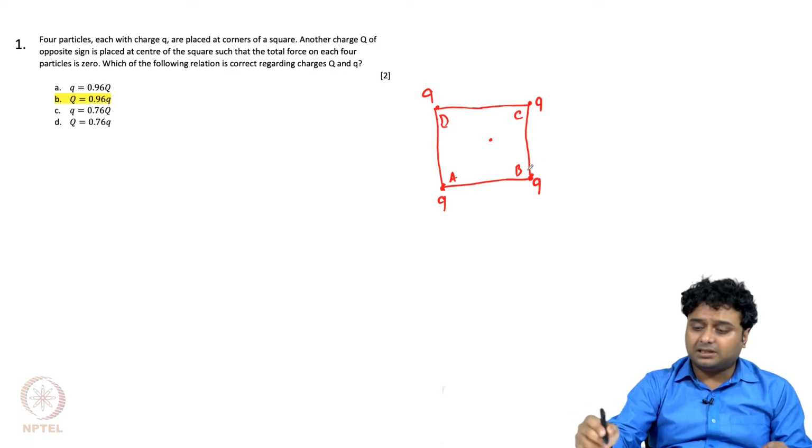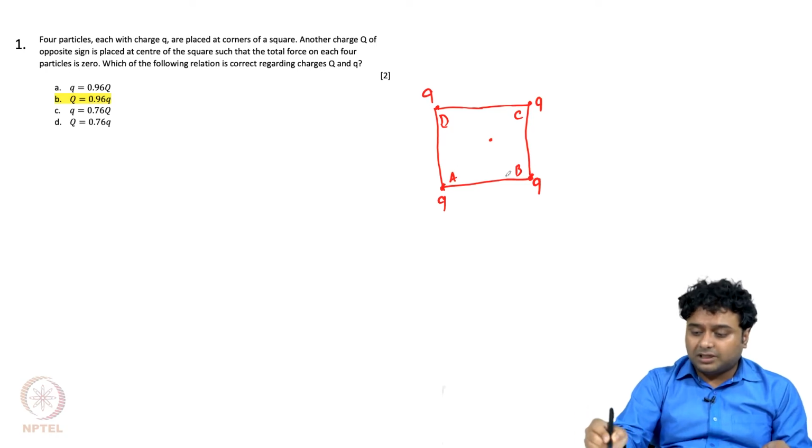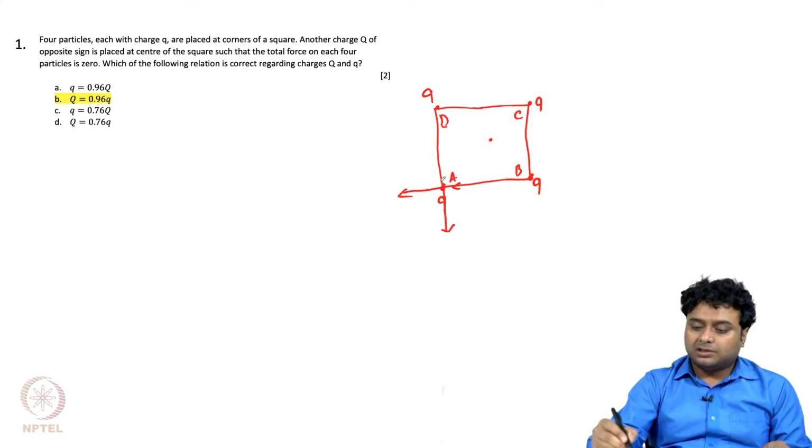will be repelled by B, C and D. The repulsion force from A to B will act in this direction, and A to D will act in this direction. Now, this force has 2 components, one in this direction and another in the perpendicular direction.